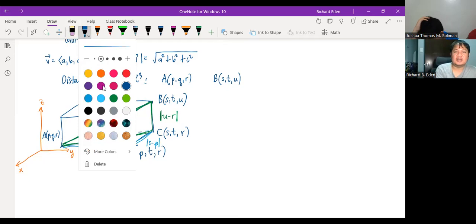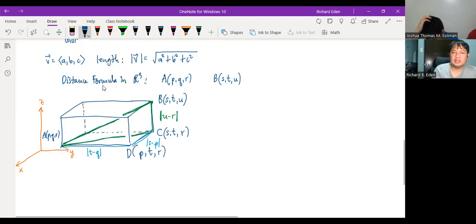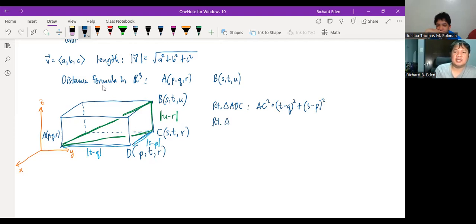All right. So observe that from right triangle ADC, we see that AC squared is equal to (t minus q) squared plus (s minus p) squared. And then in right triangle ABC, AB squared is equal to AC squared plus BC squared.